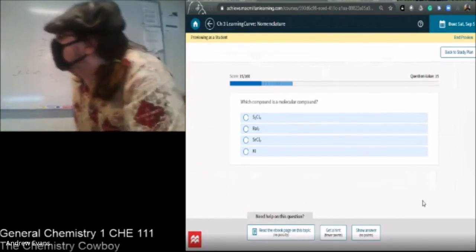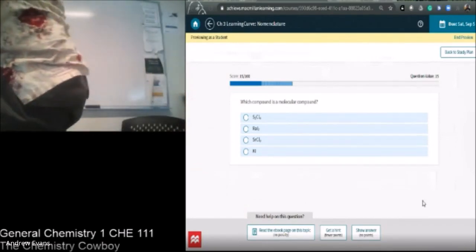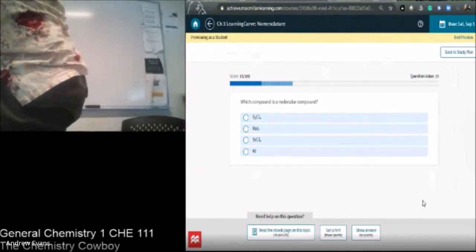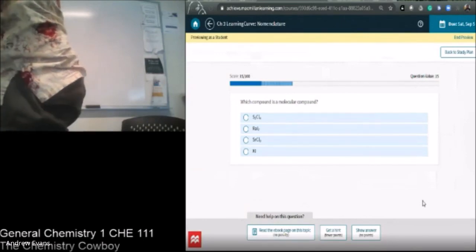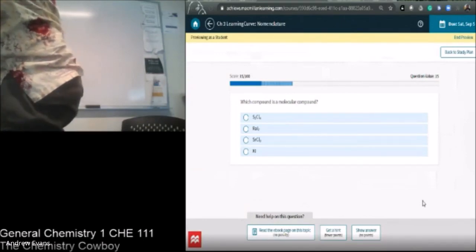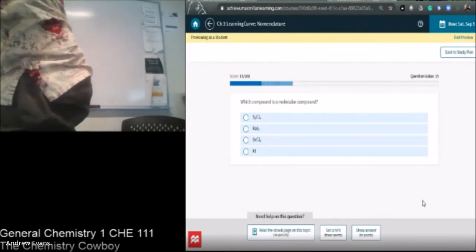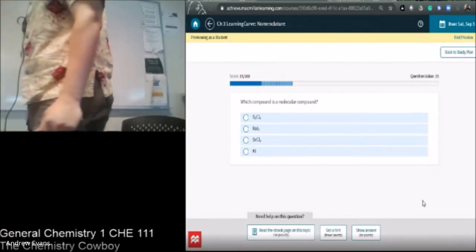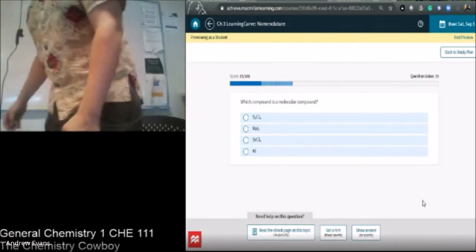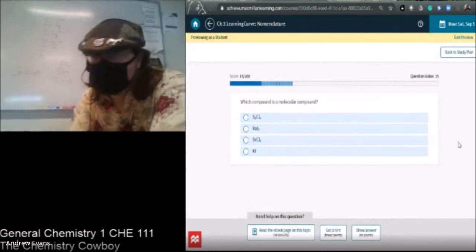Which compound is a molecular compound? We're looking at non-metal and non-metal. So not strontium, not potassium, not radium. So sulfur is the nonmetal.